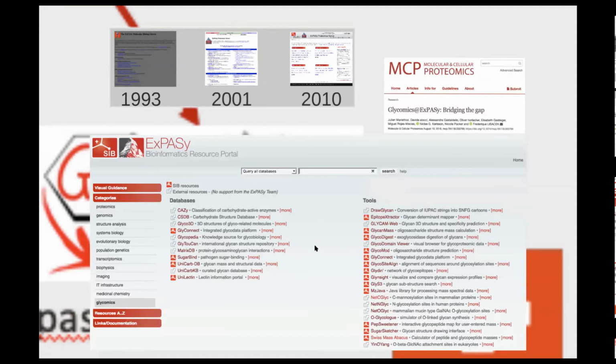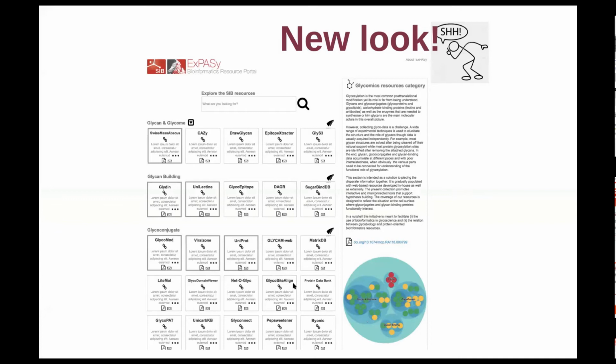And so we develop our own. So when we have a SIB logo, it's our own. And we also promote even Glycopedias here, others, because we think that we should certainly promote those resources that are useful. So we're working on a new look. This is something I will talk about a little bit more later.